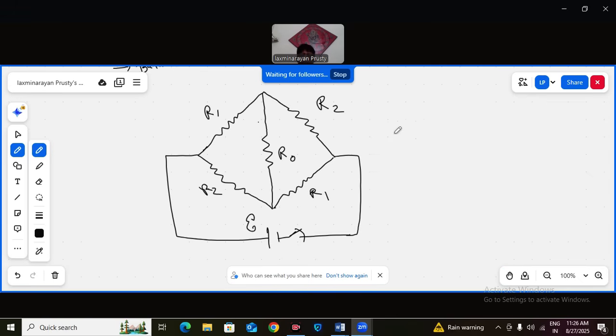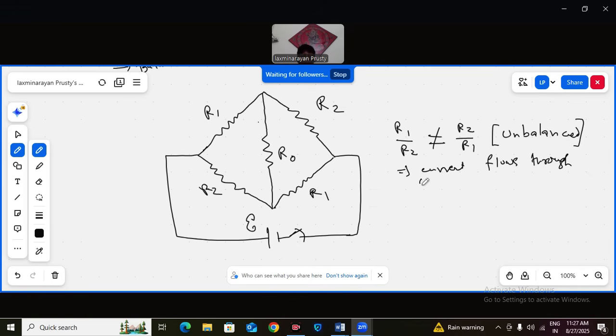So this is an unbalanced Wheatstone bridge. That means current flows through R0, the bridge resistance, call it I0, I1, I2, let's say this current is capital I.